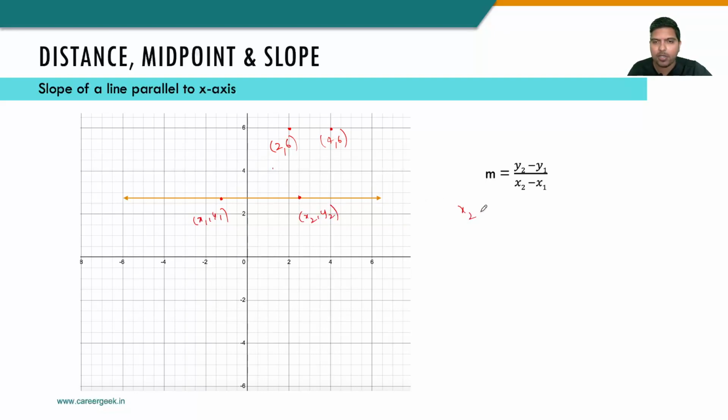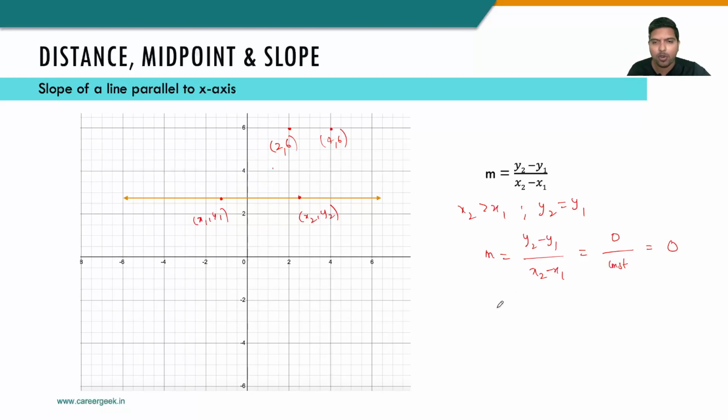So here x2 is greater than x1, but y2 is equal to y1, right? So if I find out y2 minus y1 upon x2 minus x1, what I get on the numerator is 0 and some constant. Okay. So 0 upon any constant is 0.